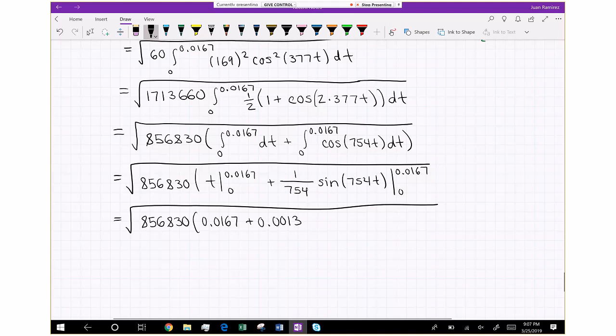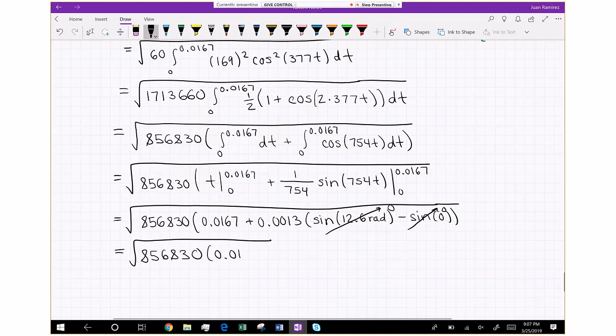One over 754 is 0.0013, and then we insert that argument for sine. But both of those go to 0. So what you end up with is square root of 856,830 times your 0.0167, and that gives you about 120 volts.